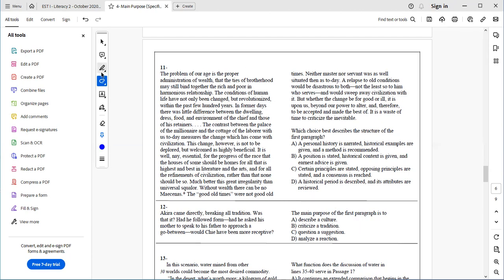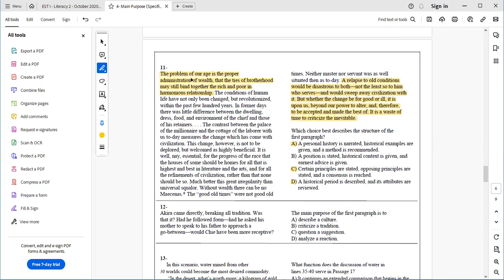So Hala said A, Myrna said C, Yusuf said D. The question is, which choice best describes the structure of the first paragraph? I'm going to go to the first sentence and the last sentence. It starts with "but," so we have to take a sentence before.